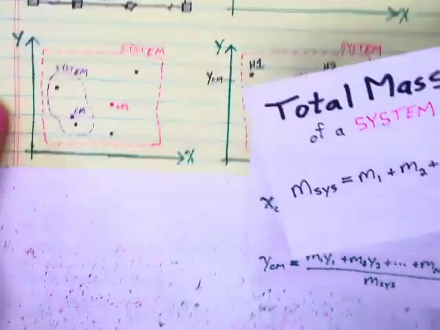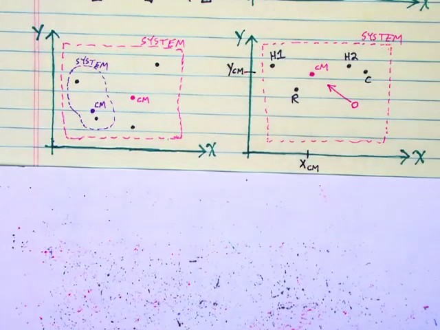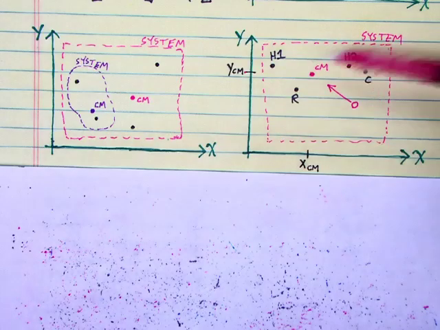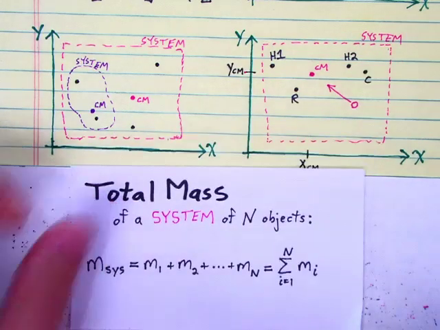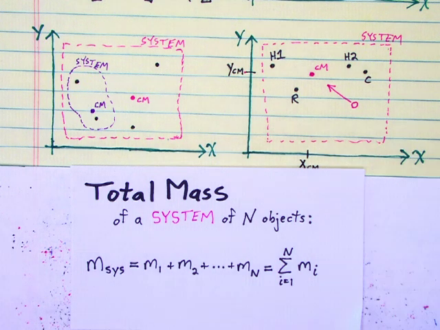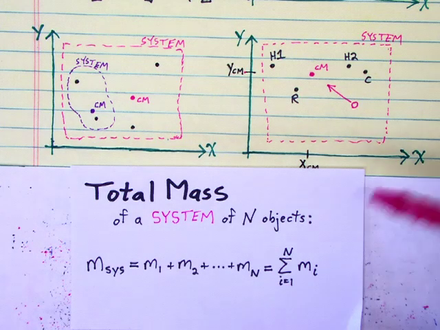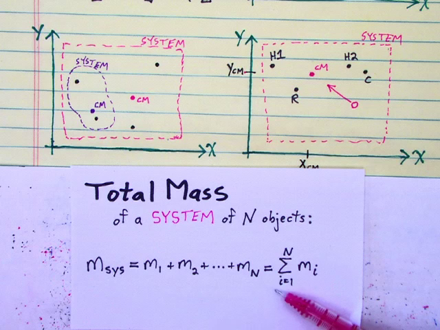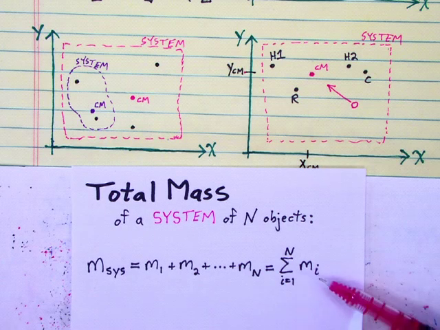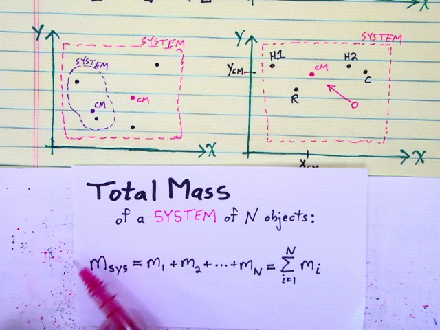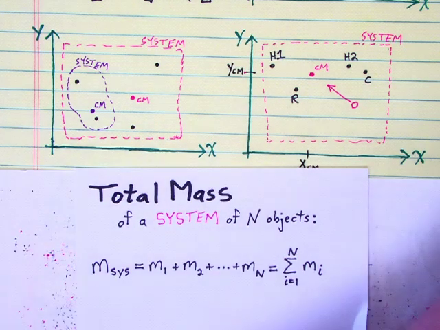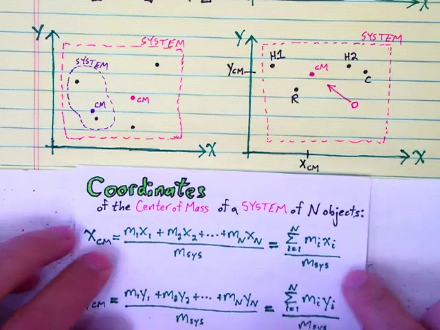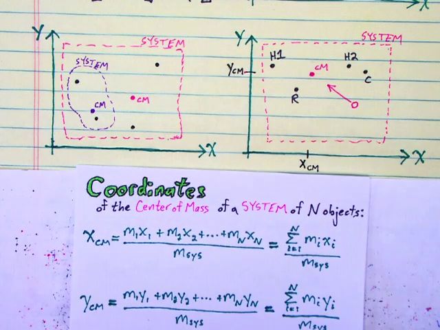So here are the equations you need to define and then track the motion of the center of mass of a system. First, you'll need to find the total mass of the system of n objects, just adding up all the masses. In summation notation, that would be the sum as i goes from 1 to n of m sub i, and we'll call that total mass the mass of the system, m sys. Then here we are, the definition of the coordinates of the center of mass of the system of n objects.